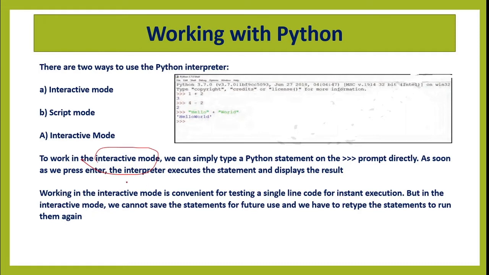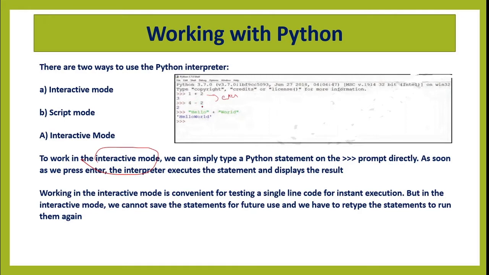As soon as we press the enter key, the interpreter shows the result. Okay, see here. After the triple greater than symbol, we just type the instruction 1 plus 2. So after that, press the enter key. See here, the output is 3.